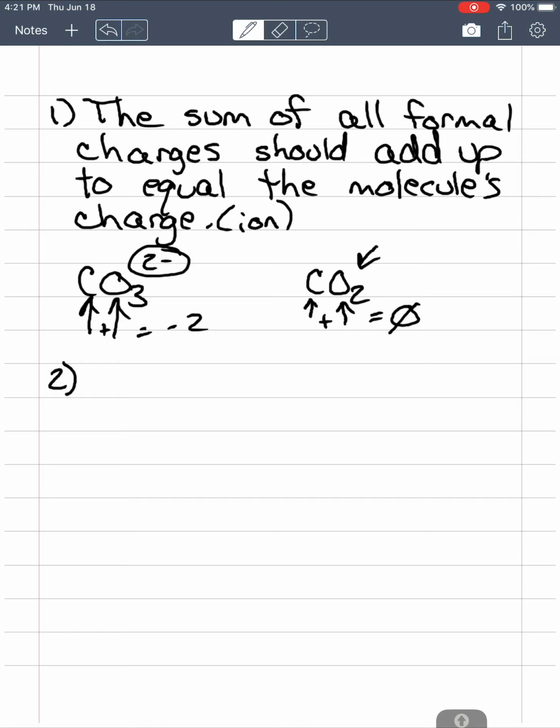The second rule is the smaller formal charge is better than larger ones. And I'll show you what that means in a minute.